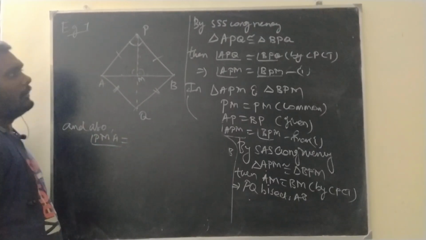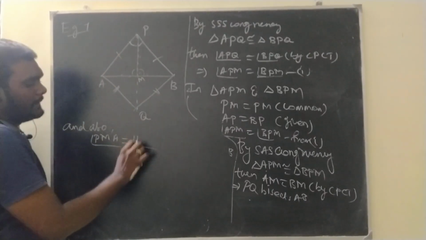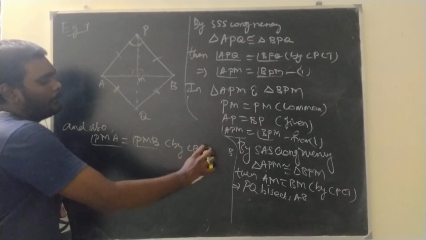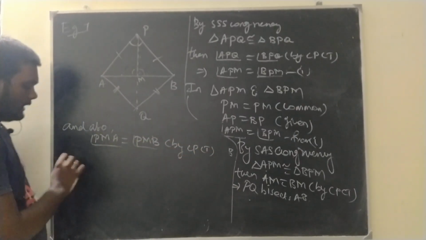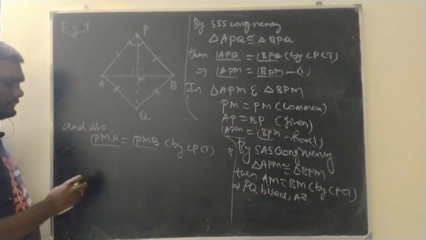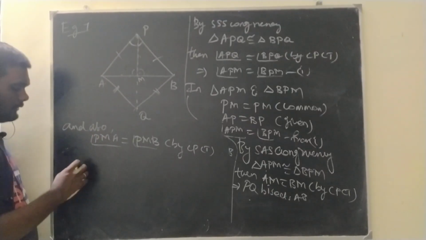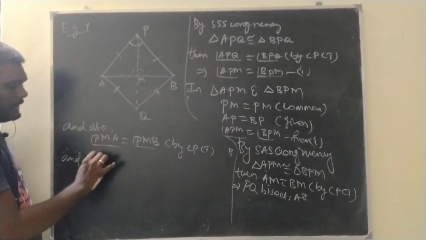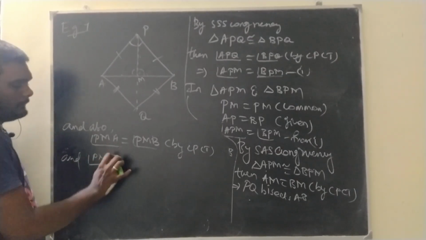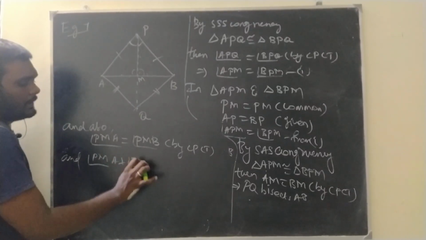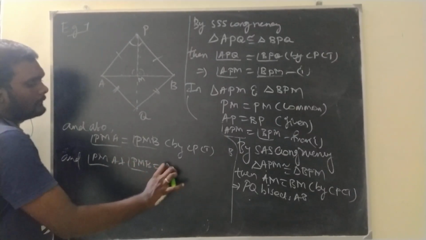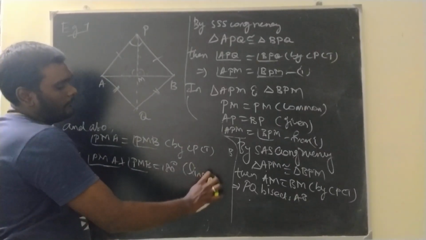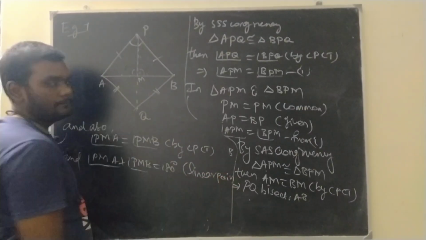and PMB are equal by CPCT, and also I have written that we have this angle PMA plus angle PMB equals 180 degrees because they are a linear pair.